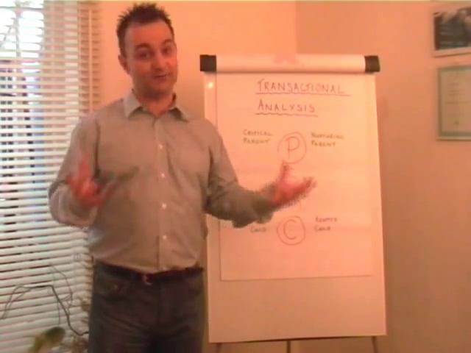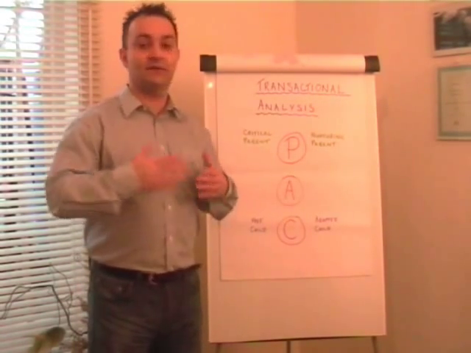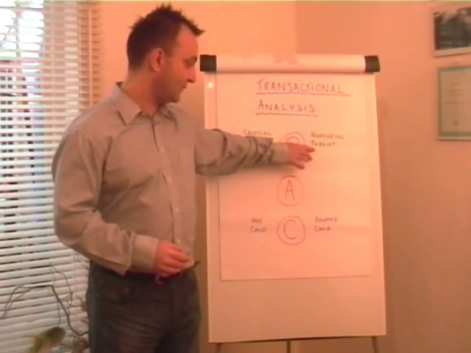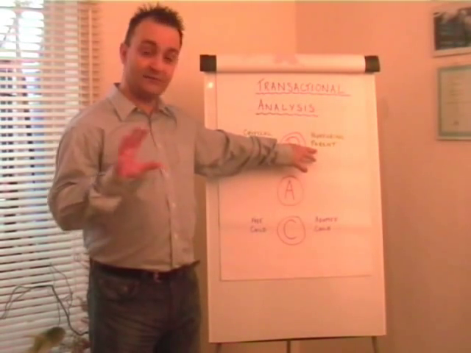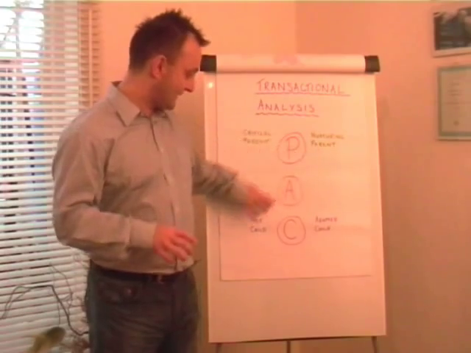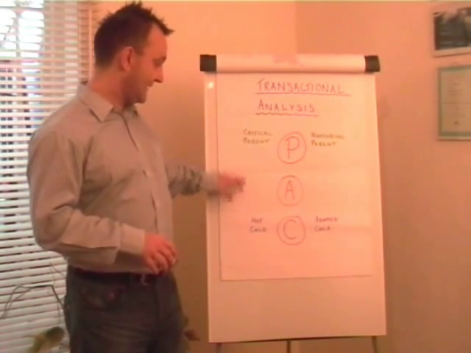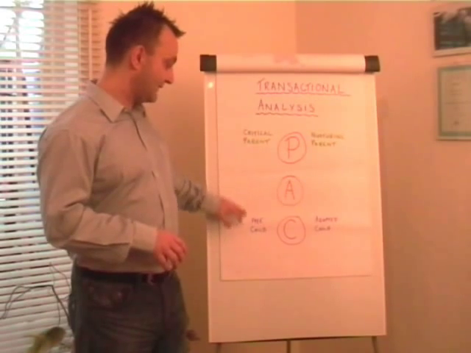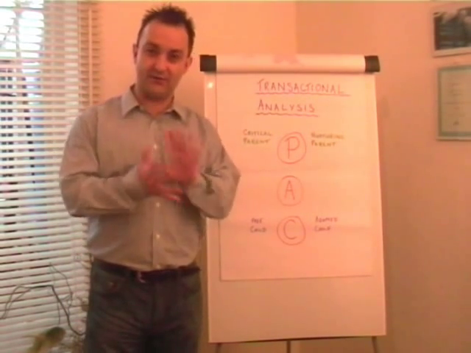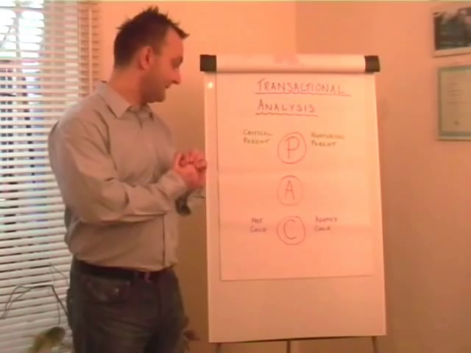Sometimes nurturing parent types can get caught into rescuing people too much, and in terms of relationships that don't work, you'll get nurturing parent types in with free child types. When you've got critical parent types and free child types, there's a lot of friction, a lot of arguments and things like that.